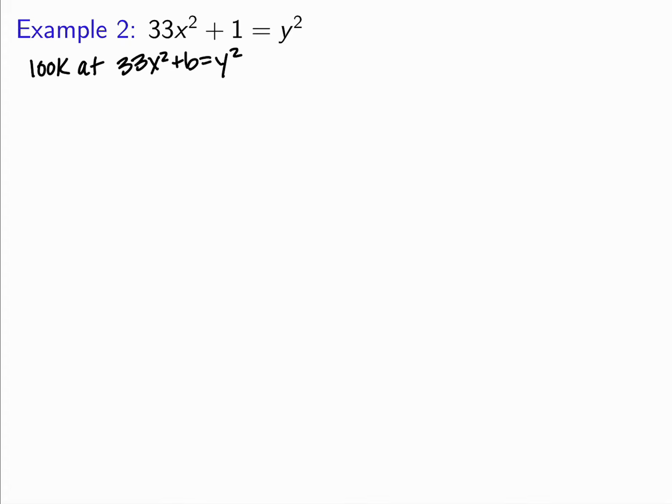for additive 1. So looking at this, in my mind, I'm thinking, well, I could let x equal 1, and that's 33 plus something. I need that to be a square. So I could think, if x equals 1, then b could be a 3, because then 33 plus 3 is 36, which means y would be a 6, because 6 squared would be at the end.